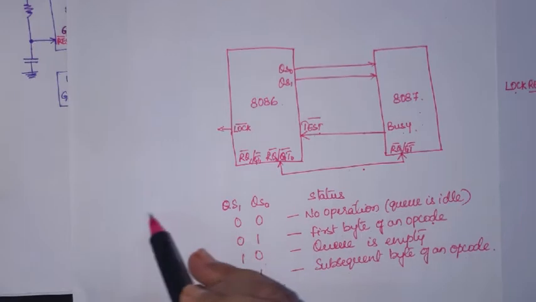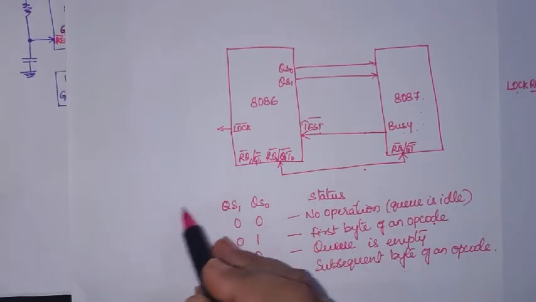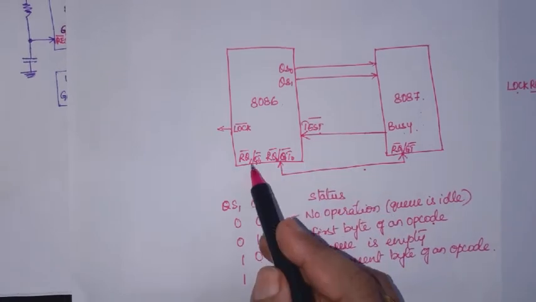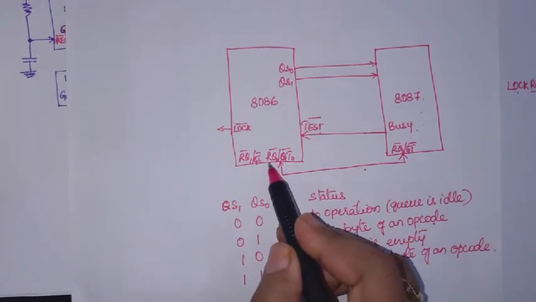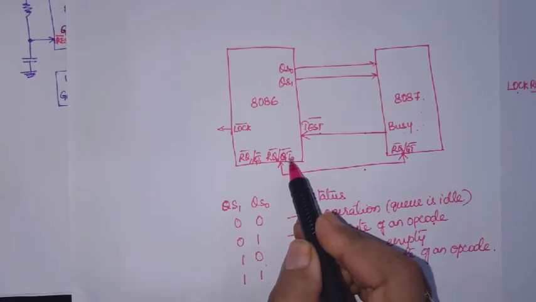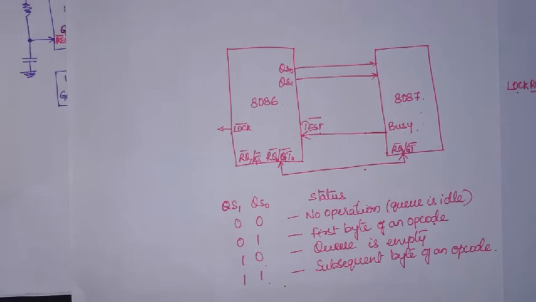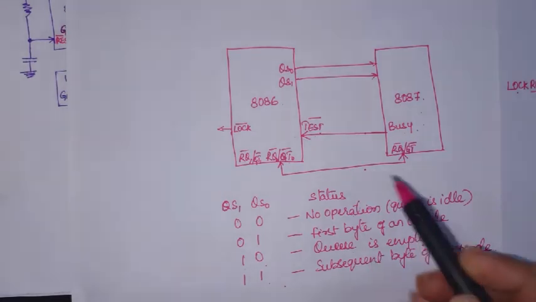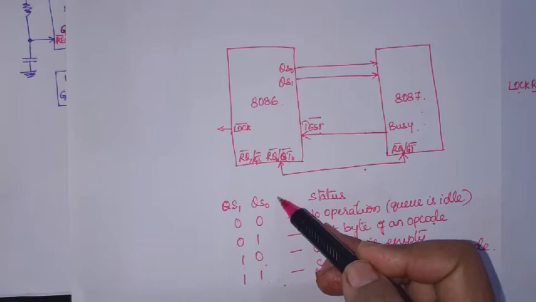This can be connected to the request grant pin of 8089. If there are requests for the system bus on two pins at the same time, then request grant 0 is given the higher priority. Understood?